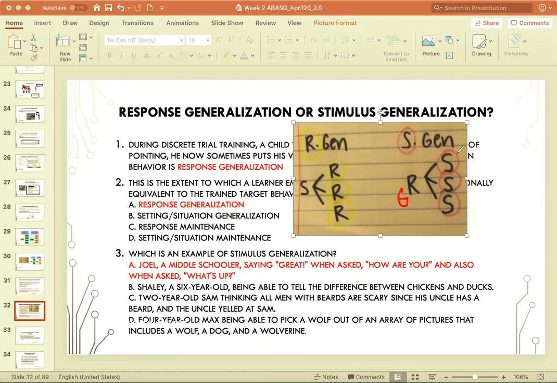Somebody says, how are you? Here's stimulus one. Someone says, what's up? That's stimulus two, and he greets with the same response. Therefore, a lot of S's, one R, stimulus generalization. Okay, just for fun, what is B and D?